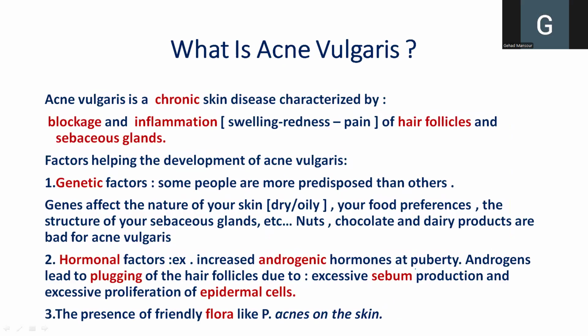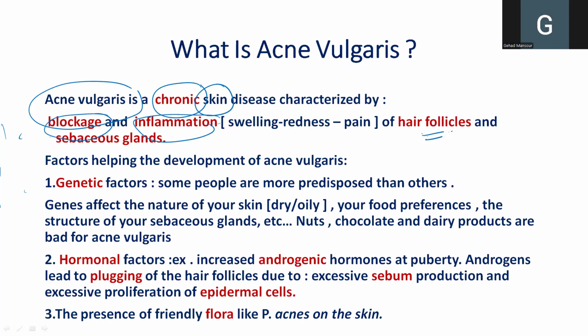And then I told you in the past video that you have to know the definition of acne vulgaris. I want to see chronic disease, skin disease, blockage, inflammation. These 5 words are golden words in the definition, and you have also to add the site where all this occurs, where the blockage and inflammation occurs.